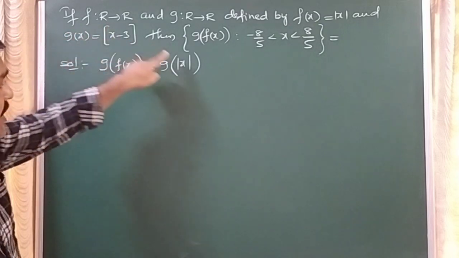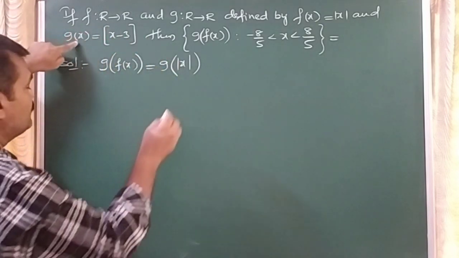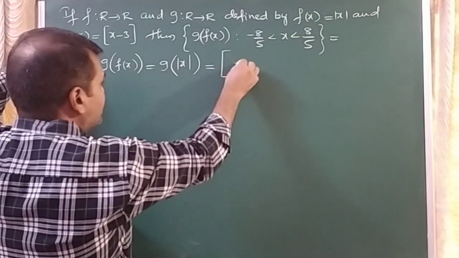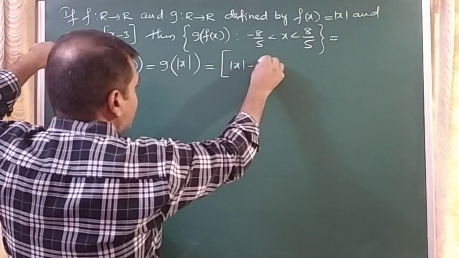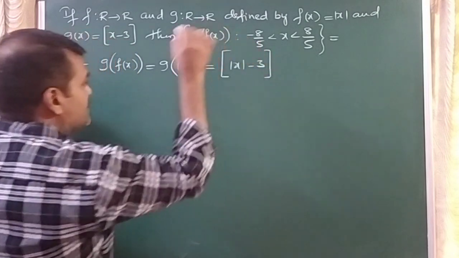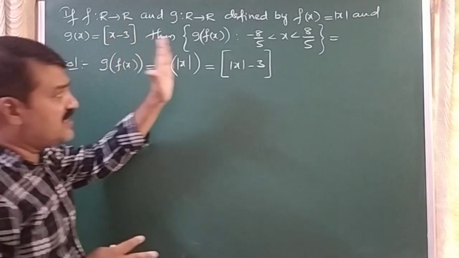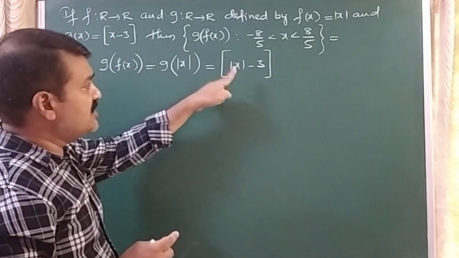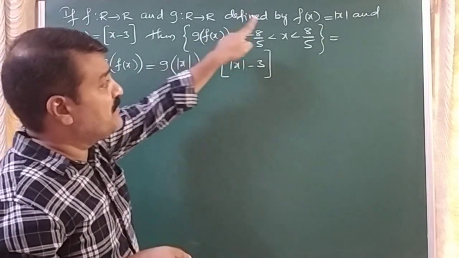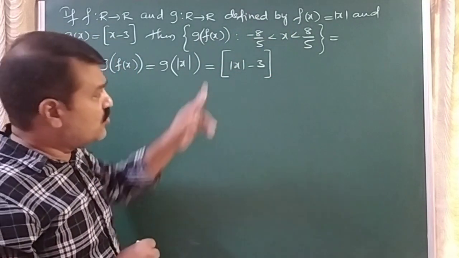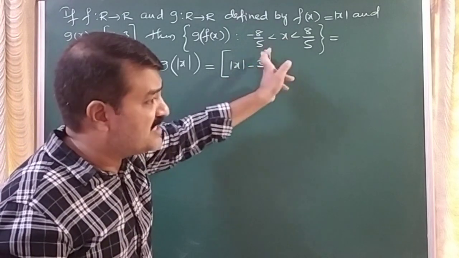So when you replace x with mod x, what do we get? Step of mod x minus 3. So this is the g of f of x value. You want the g of f of x value only in this interval of x, not for all values of x, only for x values present in this interval.